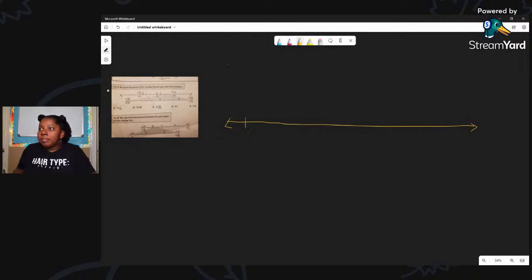Okay, here we go. So we have 9, 9.5, 10, 10.5, and 11. So first thing I noticed is I counted how many lines were in between 9 and 9.5.